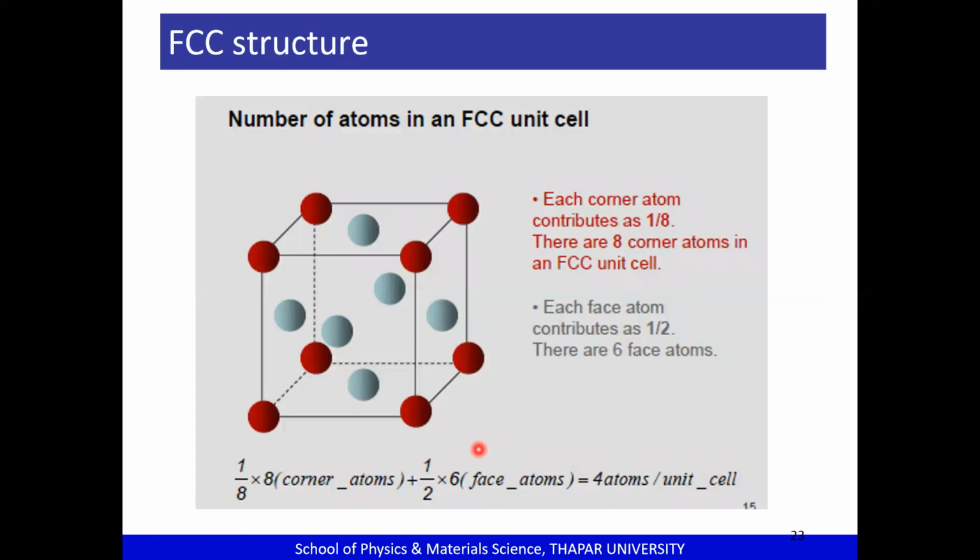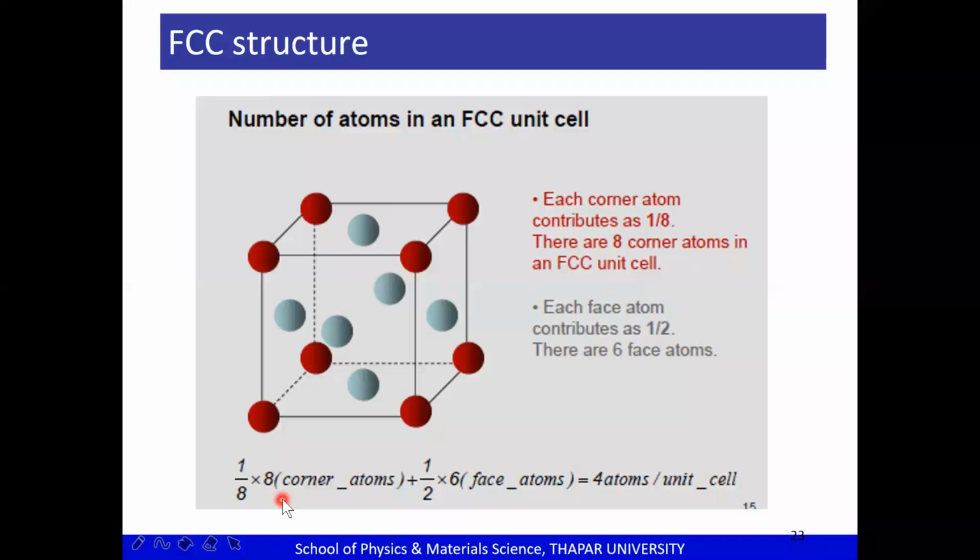And then we computed the total number of atoms making the unit cell. So we have two different contributions coming from two different atom positions. One is the corner positions where every atom contributes 1/8, like the simple cubic. So you have 8 such atoms making the corner, each contributing 1/8.